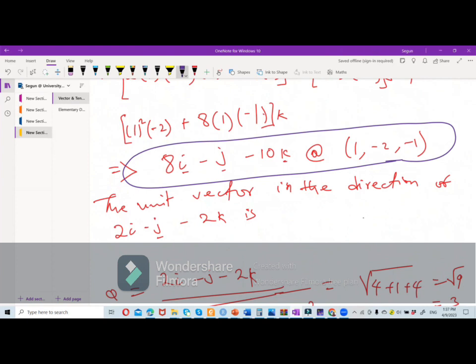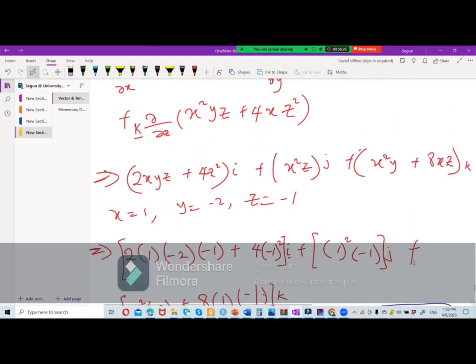So for us to get the direction we are looking for, you need to first of all calculate a unit vector. Are you following it? Yes, sir. The unit vector will now be the one you will use to multiply the del phi. I've already given the definition for those of us that came earlier.